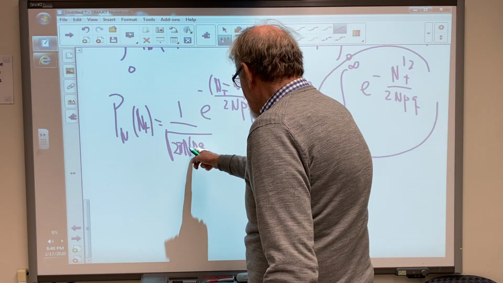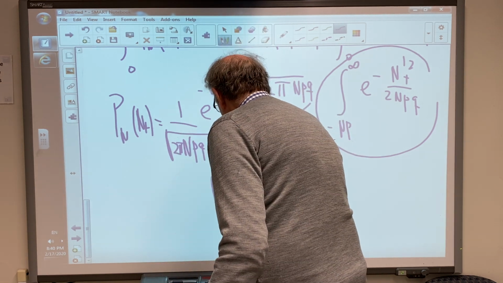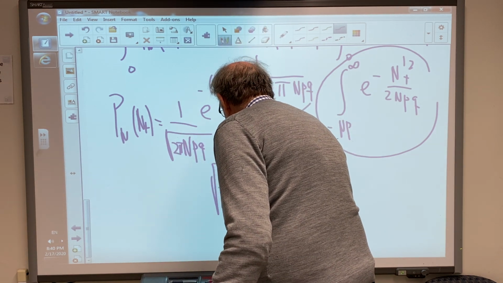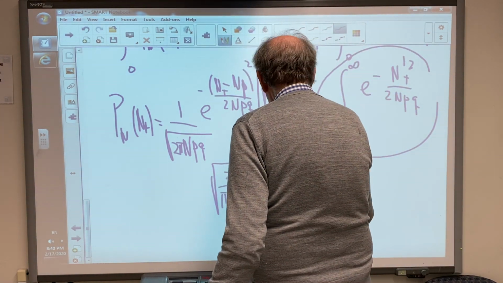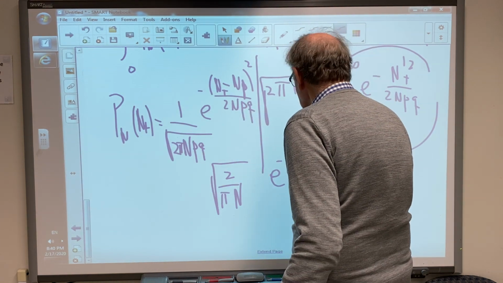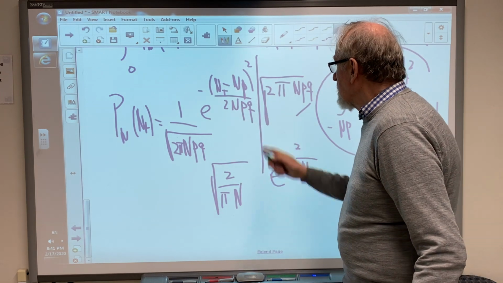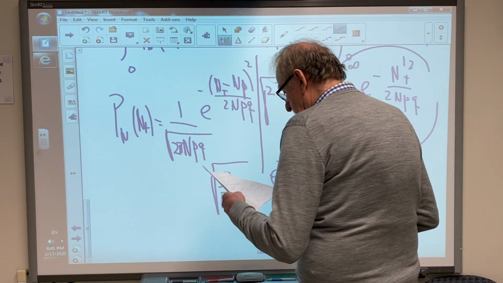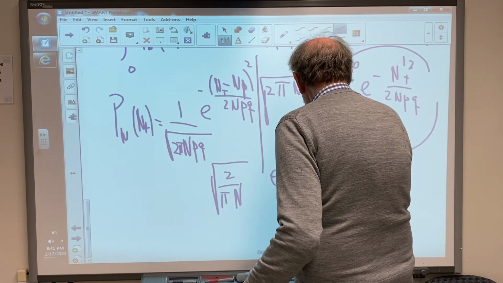This is 1/4, so 2 over 4 is 2, so you get the square root of 2 over pi n. Here you get e to the minus, again, this is 1/4, so you get e to the minus 2 over n, because p and q are 1/2. And this is n plus minus n over 2.